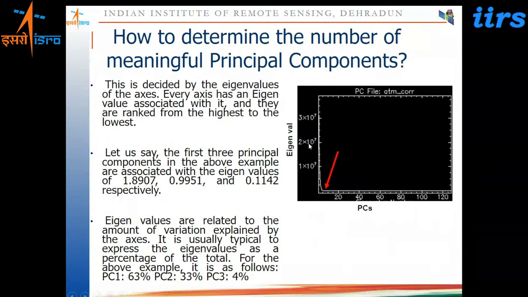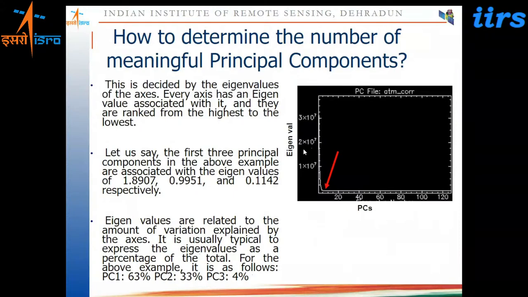But only the first 3, 4, 5 or 10 PCs which have higher eigenvalues are kept; you have to ignore or subset out the PCs which have near unity or 0 values. Those are of no use. So only the initial 5, 10, 20, where we have got the notch and whose eigenvalues are very high, are used for further processing.